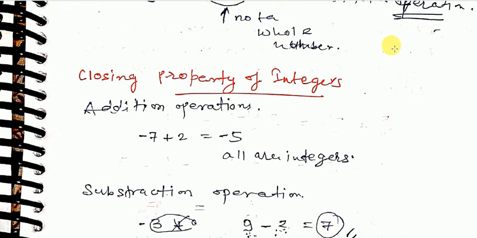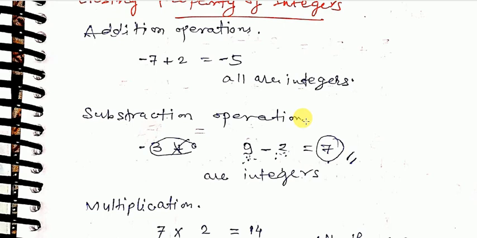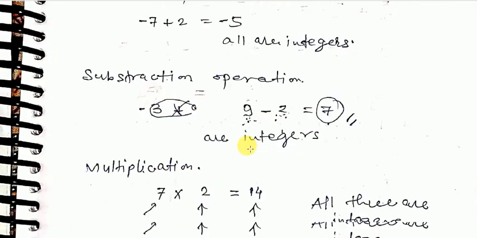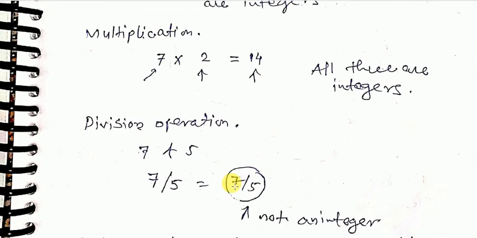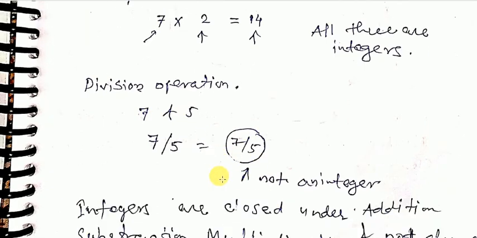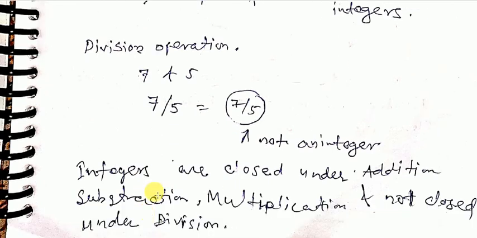Similarly, for subtraction operation, we can visualize that if we subtract an integer from another integer, their subtraction will always be an integer. Similarly, for multiplication, we can think the same. And for division operation, if we take two integers like 7 and 5, their division is not an integer. It means integers are closed under addition, subtraction, multiplication, and not closed under division.